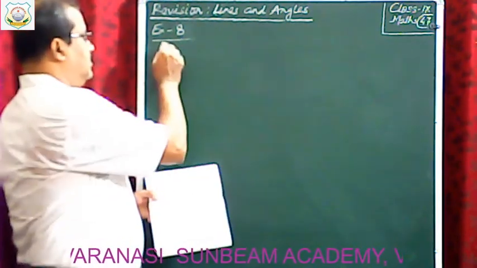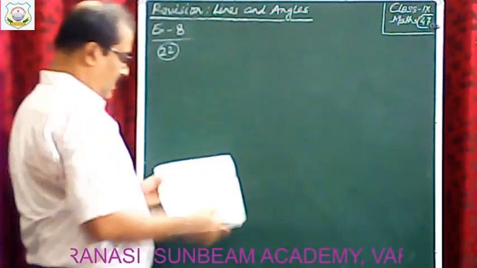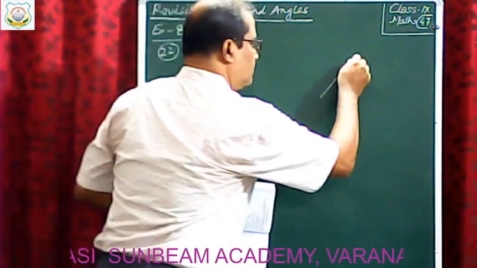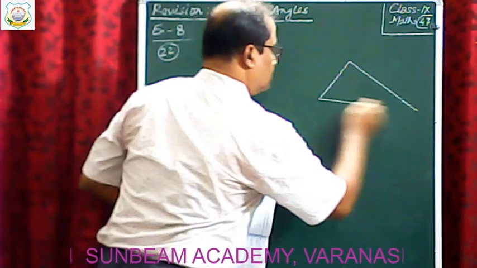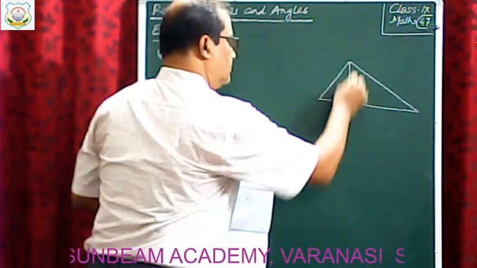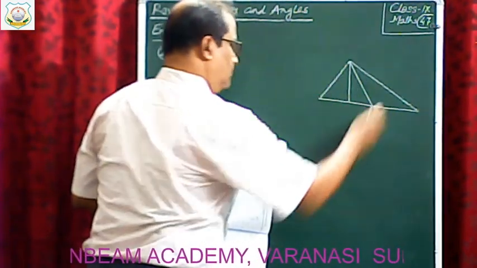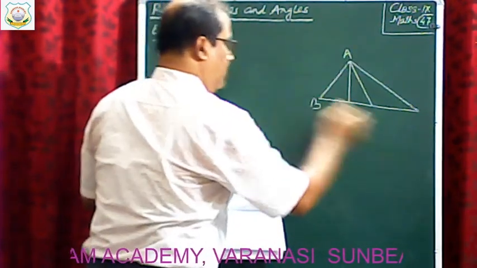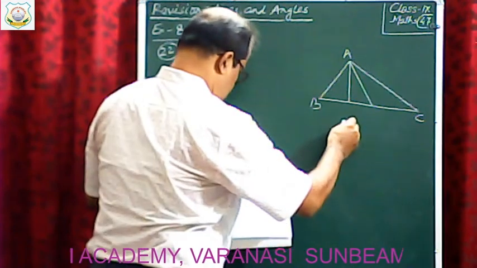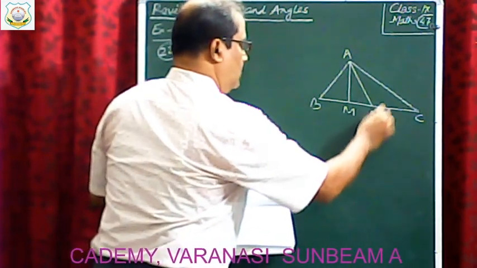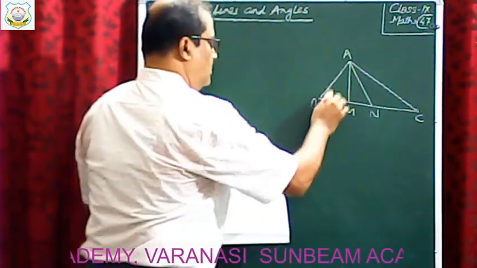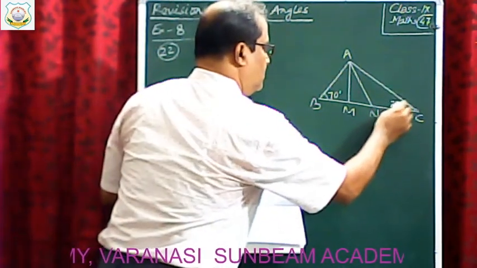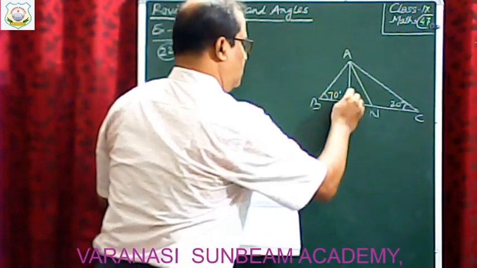Question number 22. Figure is given. A, B, C, M, N, 70, 20, perpendicular.